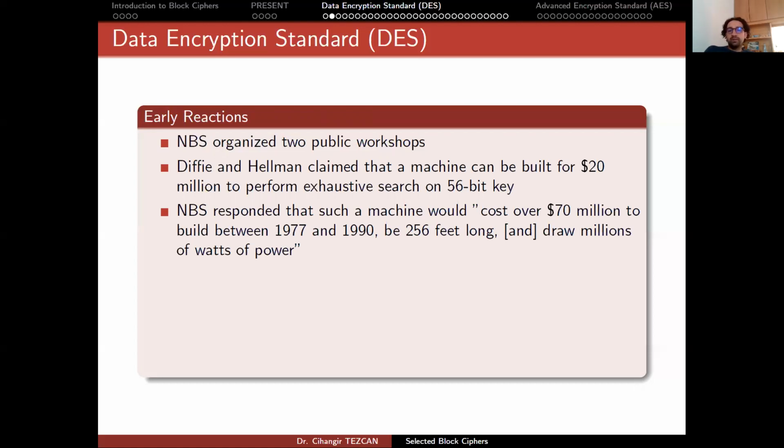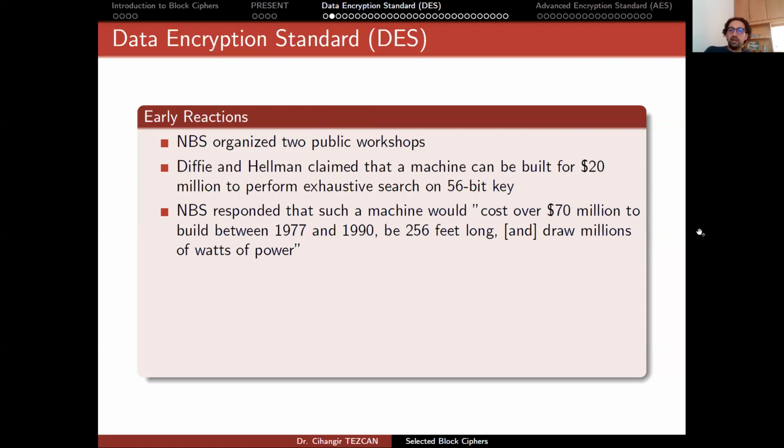It would be 256 feet long and draw millions of watts of power. So at that time, it was claimed that it wasn't possible to do brute force attacks on this cipher. Actually, it is not that correct, because it is not easy to predict technology in this way.